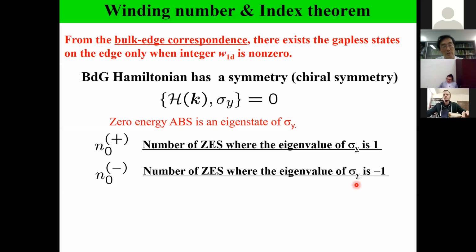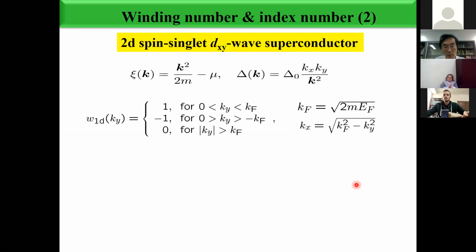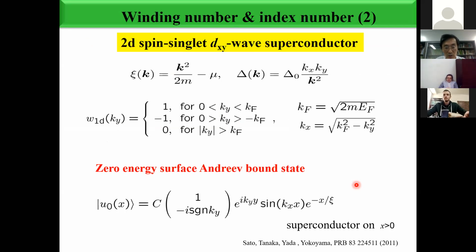N0+ is the number of zero energy states where the eigenvalue of sigma y is unity, and N0- is the number of zero energy states where the eigenvalue of sigma y is minus unity. This is the so-called index theorem. So the winding number W1D becomes N0+ minus N0-. Actually, if we solve for the zero energy state of the d-wave superconductor, it can automatically be written like that.